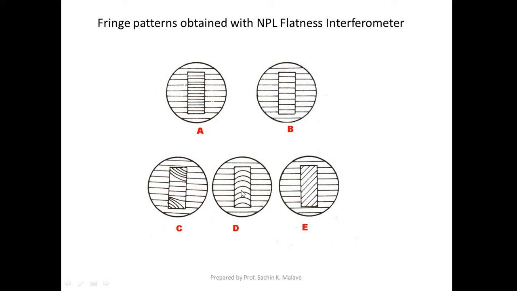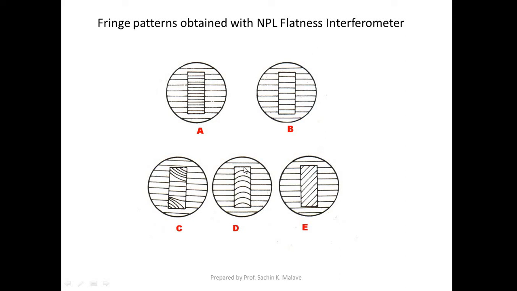Then the fourth one. If you compare the fringe pattern here, in this fringe pattern all the lines are horizontal lines. In this case, the fringe pattern inside the rectangle is not horizontal, but a curved line.